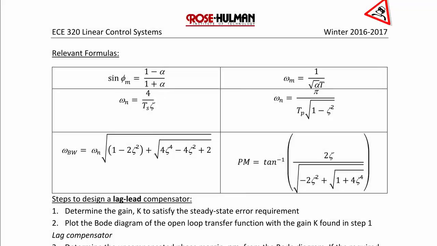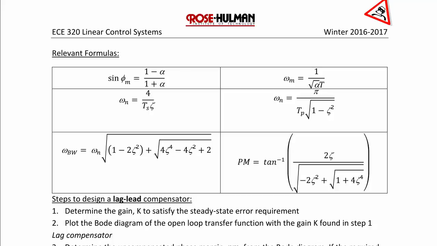Some of the relevant formulas that we will use in this design process we have used before, but here's a summary. Sine phi m is equal to 1 minus alpha over 1 plus alpha. That's the phase angle where the magnitude is maximum. Omega m is that frequency, and it's 1 over the square root of alpha T. The natural frequency is 4 over the settling time times the damping ratio zeta. The natural frequency can also be written as pi over the time to peak divided by the square root of 1 minus zeta squared.